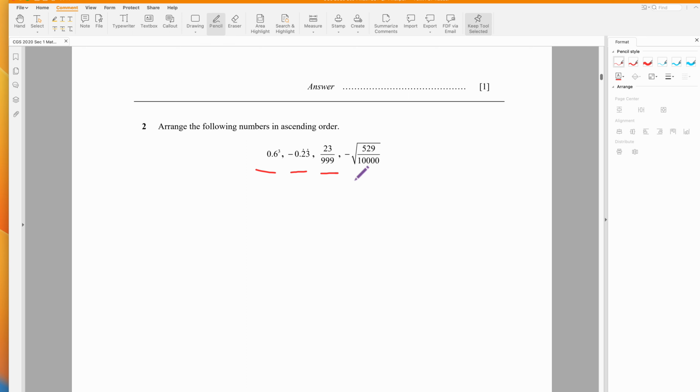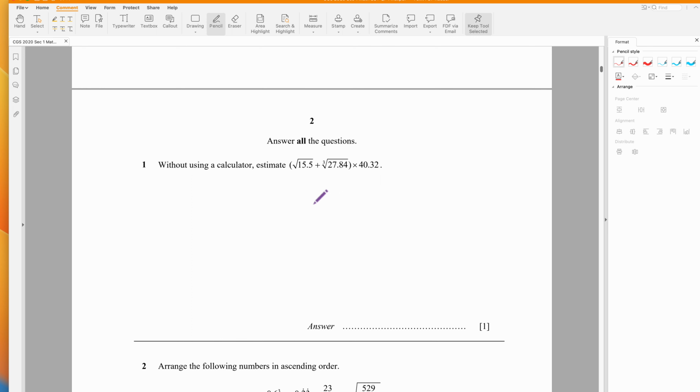Ascending order, so very easy. So I'm not going to just use your calculator, get the decimal numbers, then compare. Without using a calculator, how do you estimate? Okay, very good attempt.